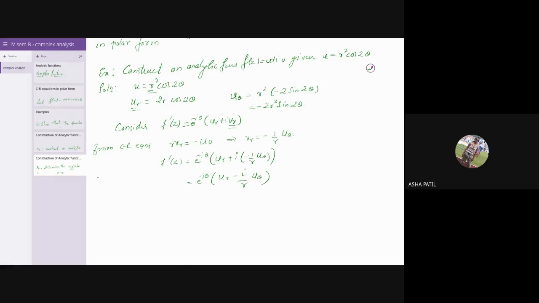Here you have i and then multiplied by minus 1 by r, so write it as minus i by r u theta. Now substitute for u r and u theta. E raised to minus i theta, u r is 2r cos 2 theta, minus i by r u theta, it is minus 2r square sin 2 theta.